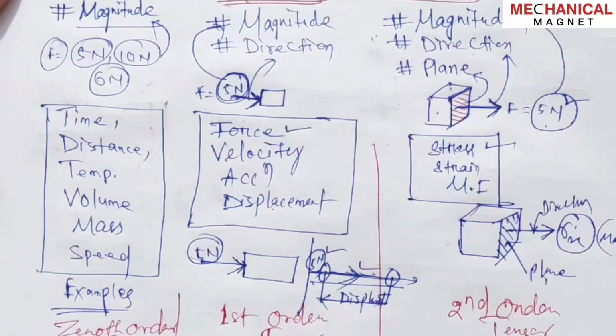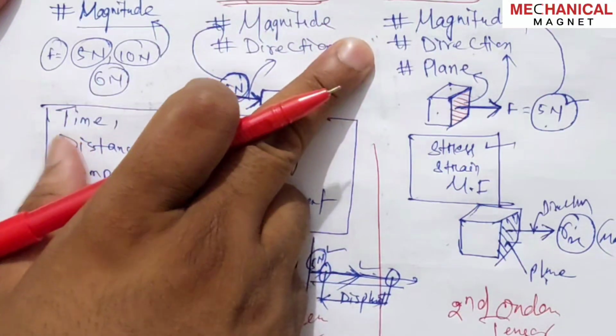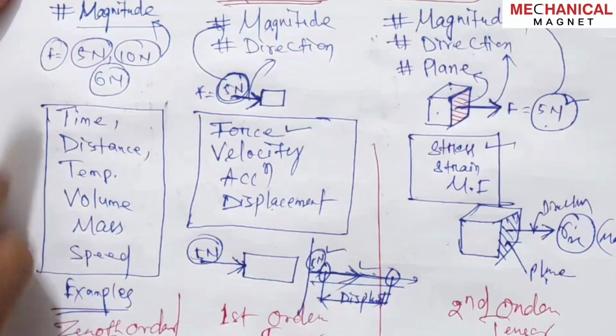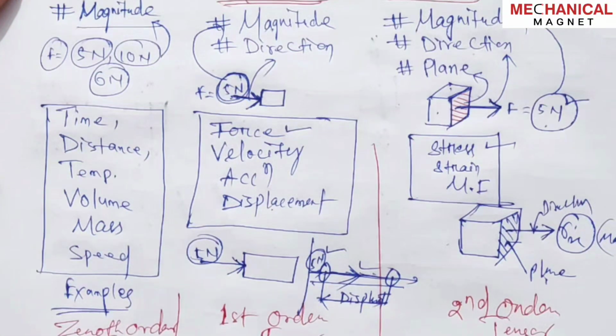So you have to remember these things. The tensor quantity is the second order tensor, the vector quantity is the first order tensor, and the scalar quantity is the zeroth order tensor. Okay, so how to remember?